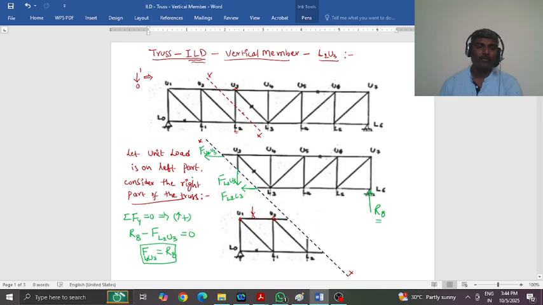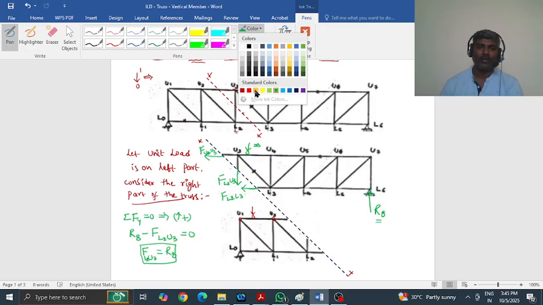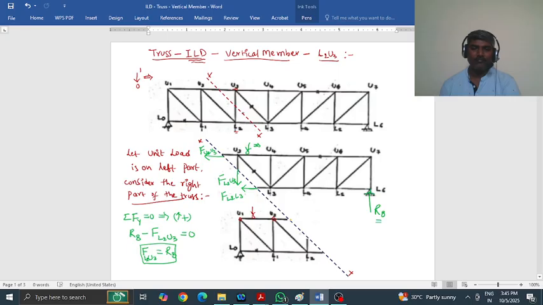Now let us go to the other part of the truss. When the load is traveling on the right part of the truss, you choose the left part of the truss for the analysis. So let us plot the forces acting on this part. This member is cut here, we have a force there. This member is cut there, so we'll have a force here, and this member is cut here, we'll have a force here.